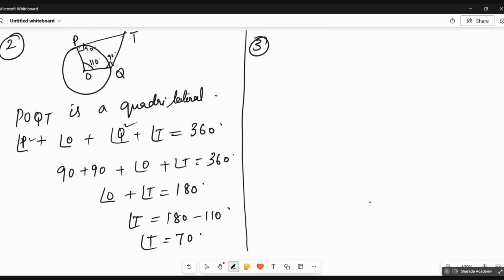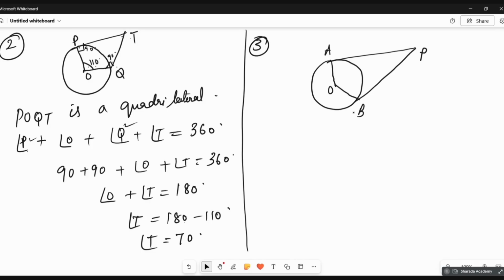Third question. Listen here, third one. If tangents PA and PB from a point P to a circle with center O are inclined to each other at an angle of 80 degree. So this is P. He has told PA and PB.